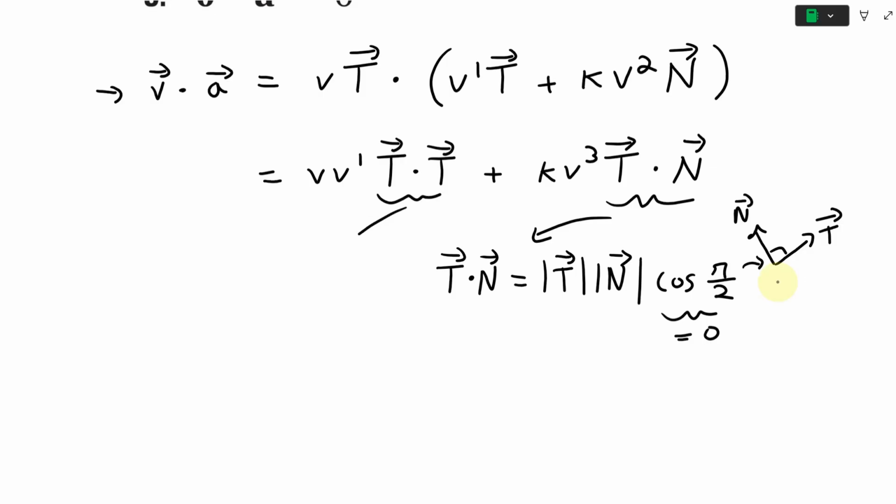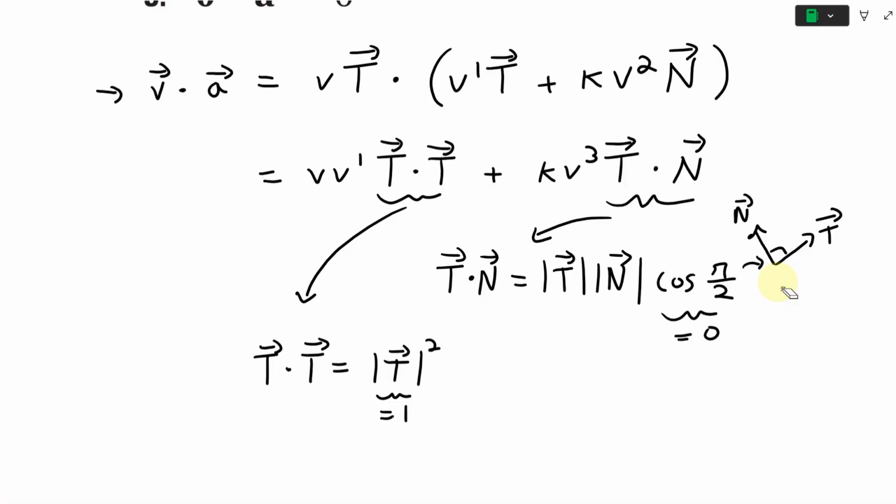Then this one here is going to be T dot T. That's the magnitude of this squared, and it equals 1, because it's a unit vector.